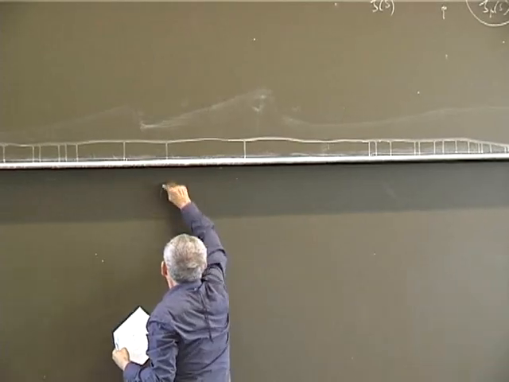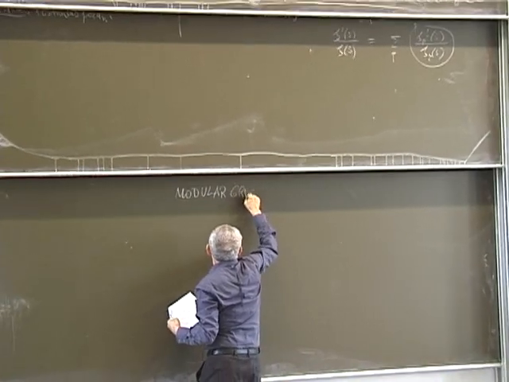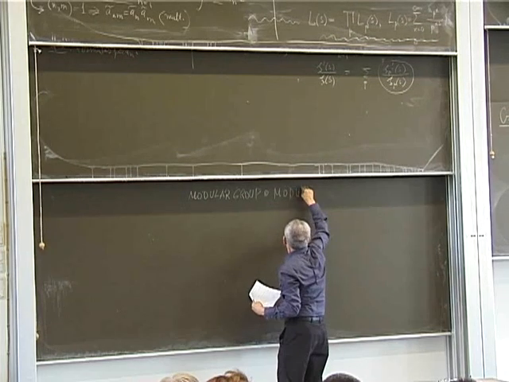And here, the modular group and modular forms appear.